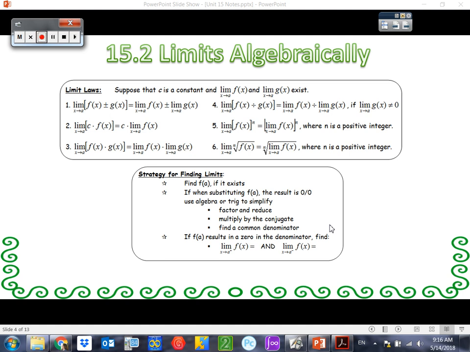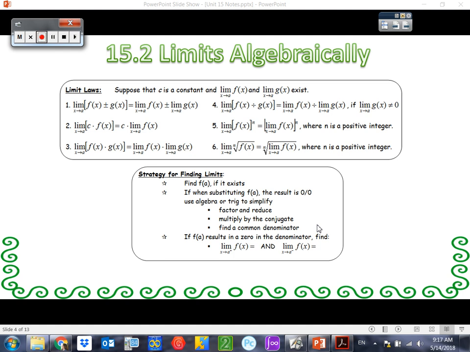And so we plug the number in. We get 0 over 0. That means keep going. So we would need to use algebra or trig to rewrite it, to make it look different, to simplify it. We have to do something. Some techniques that you might try are factoring and reducing, multiplying by the conjugate, finding a common denominator. Those are just some of the algebraic techniques that you might try.